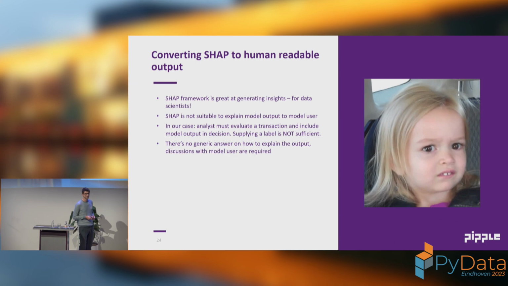We are somewhat limited in what we can provide them. There's no Power BI, no fancy web dashboard. It's literally just some Excel or text files that they get. So we had to work with this to try to make a translation from SHAP values to something that they could use in their actual daily work.